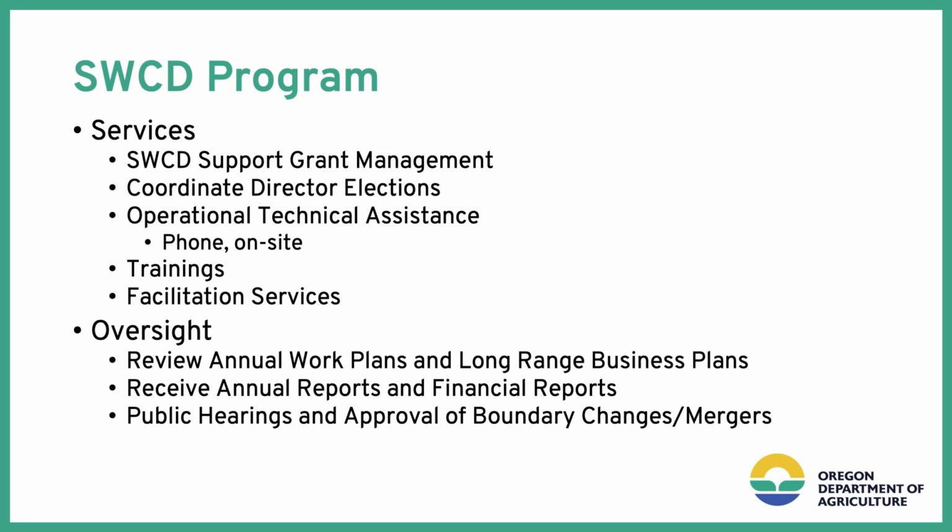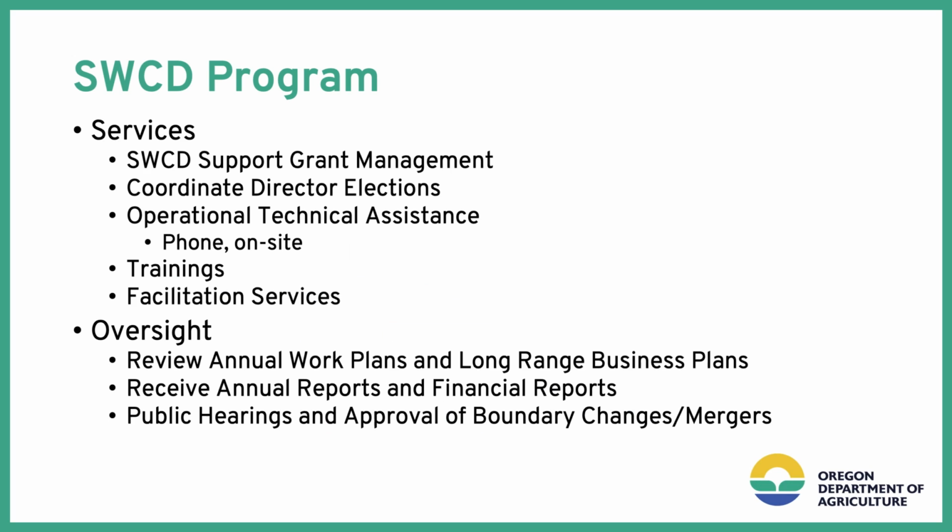We also legally receive your annual report and your financial reports. And then if you actually are having any boundary changes, mergers with another district, that happens really rarely. We had a big wave of those in the 60s and 70s, but not so much anymore. We hold those public hearings.